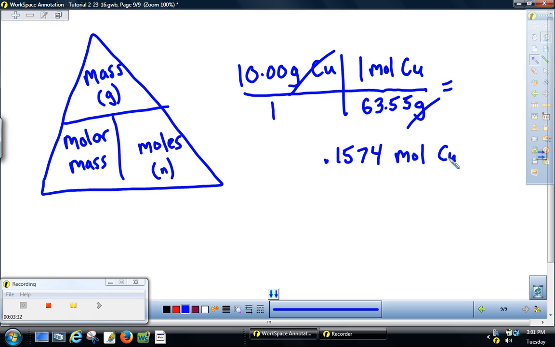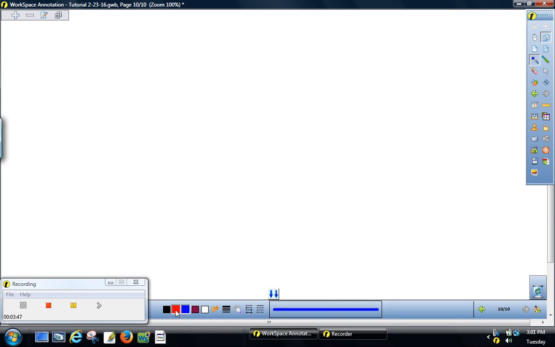So we have 0.1574 collections of 6.02 times 10 to the 23rd copper atoms. Well, what does that mean? We can use our next triangle to put that into numbers.